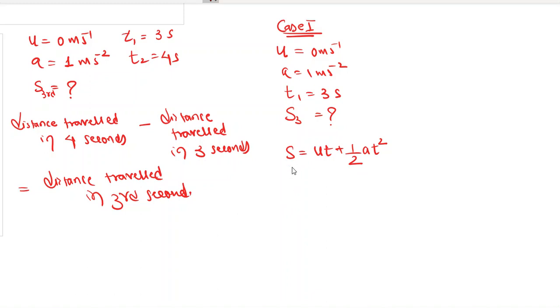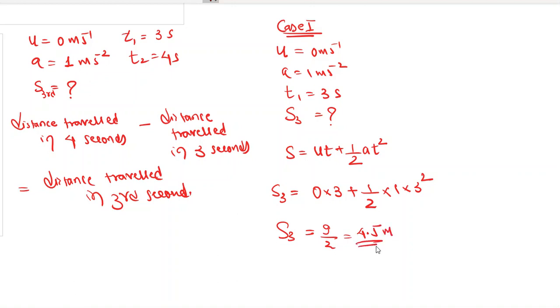We can use this formula. So S3 is equal to 0 times 3 plus half into 1 into 3 square. So S3 will be 9 by 2, that is 4.5 meter. This is the displacement in 3 seconds.